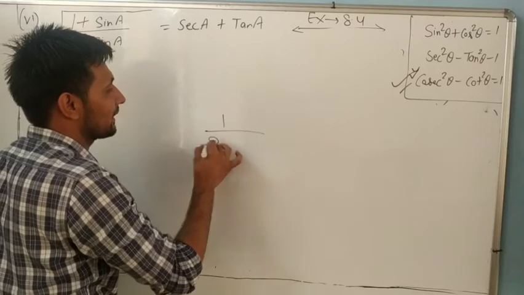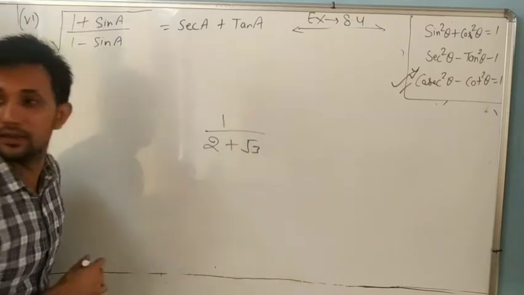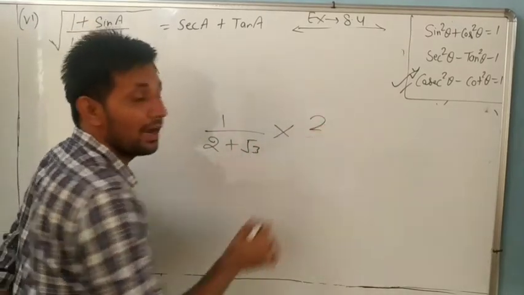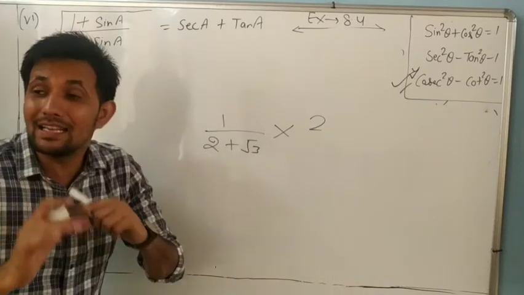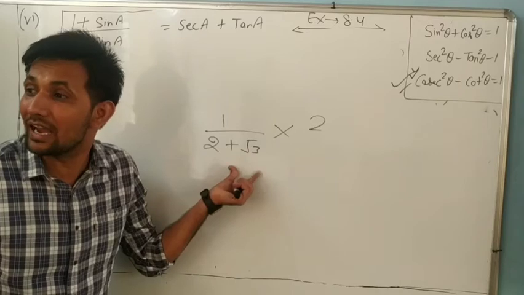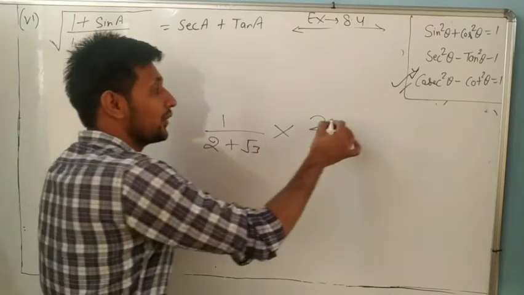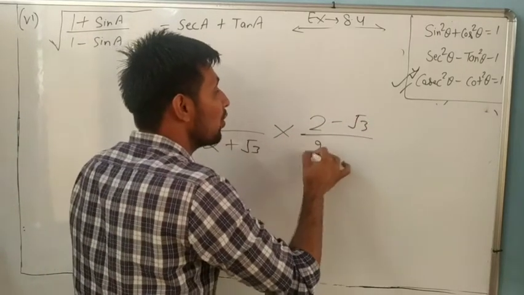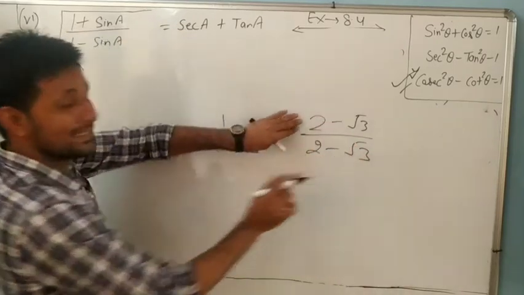Find the rationalization of 2 plus root 3. Multiply and divide by the rationalizing factor; to rationalize the denominator, only change the sign. It is positive here, so change the sign: 2 minus root 3, and multiply and divide by the same number.